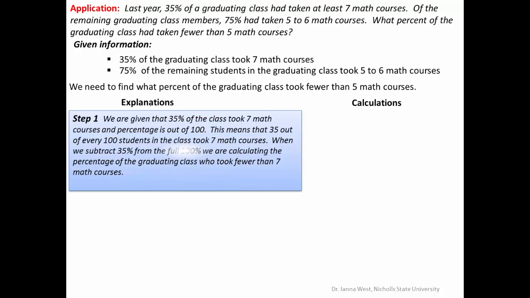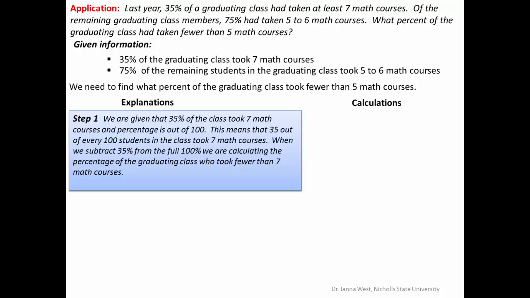Step 1. We are given that 35% of the class took 7 math courses, and percentage, as we know, is out of 100. This means that 35 out of every 100 students in the class took 7 math courses.